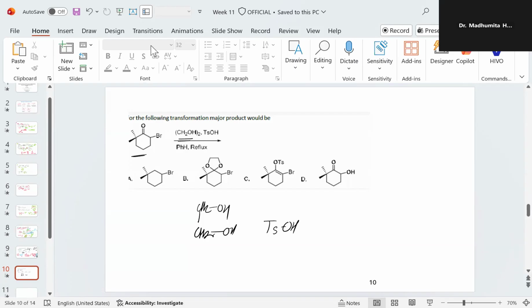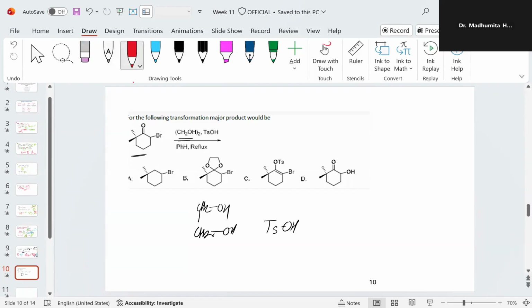So basically, this diol reacts with the ketone in particular. So it forms an intermediate like this. So the first step is like this.